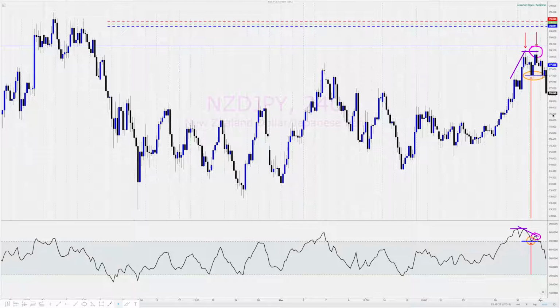You want price to come up and retest the level, this corresponding level in the RSI, which would be this black candlestick bar. Entry is anywhere in this candlestick bar. Stop above this swing high.